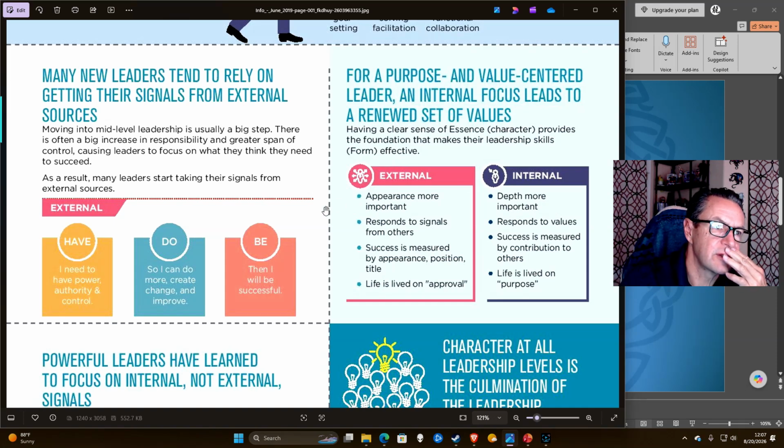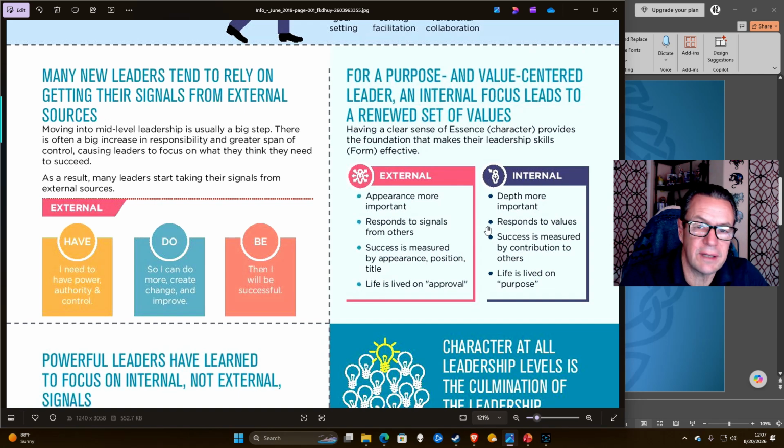And then here's, for a purpose and value-centered leader, an internal focus leads to a renewed set of values. Having a clear sense of essence, character, provides a foundation that makes their leadership skills effective. What character? What sense of essence?